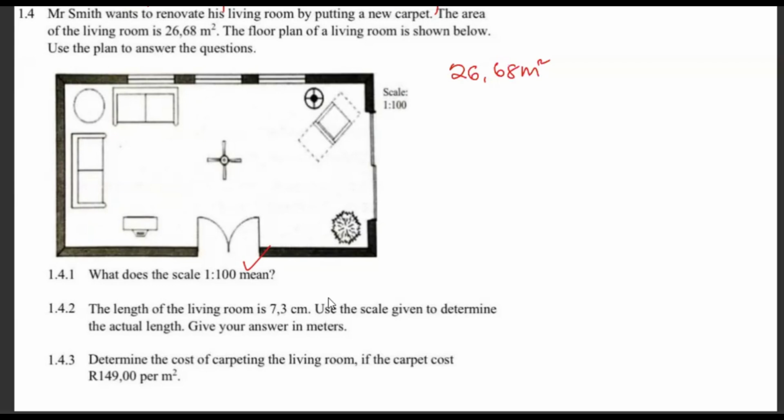The length of the living room is this much. Use the scale given to determine the actual length. Give your answers in meters. The scale given is 1:100, which is also here. We've measured in centimeters. What should it be? Cross multiply.